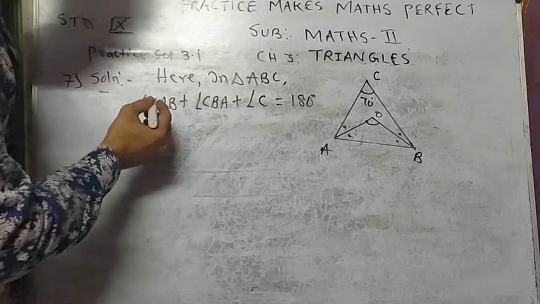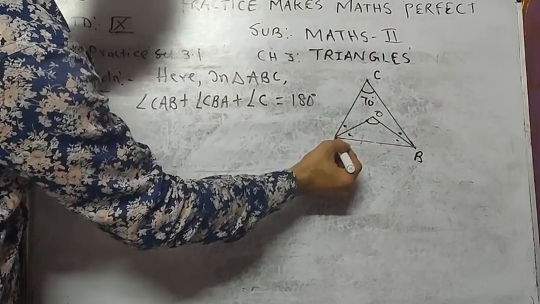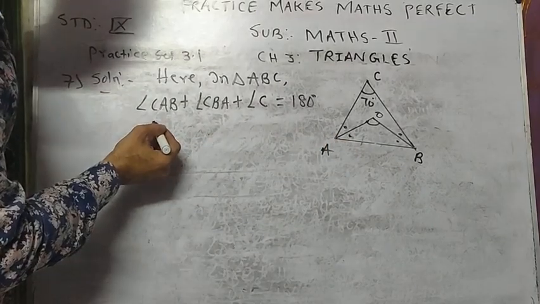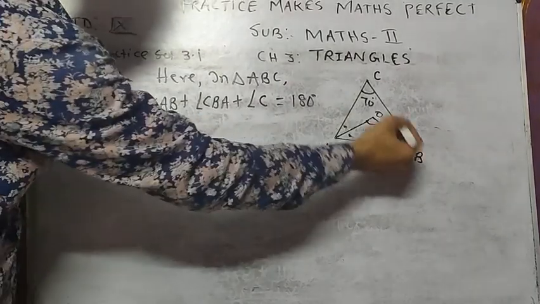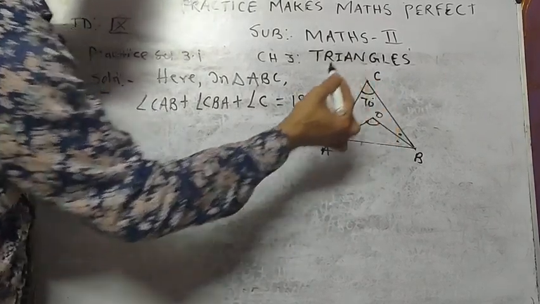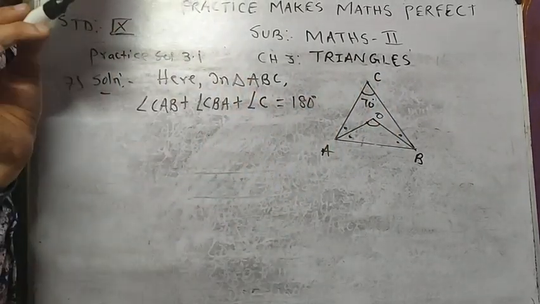So for angle CAB, in order to avoid the confusion, I will use a three letter name. CAB plus CBA plus angle C. Here there is no confusion for the angle, so you can use a single letter also.